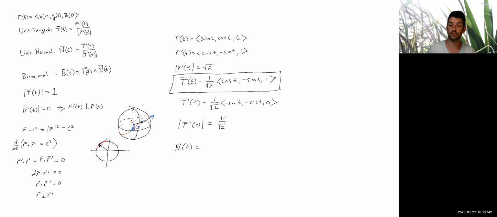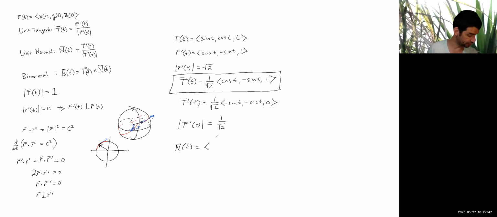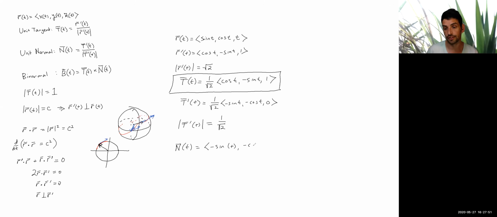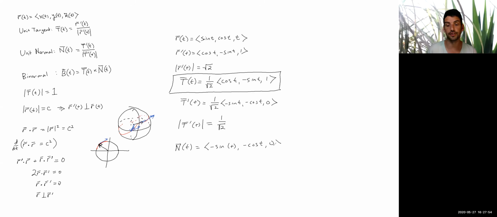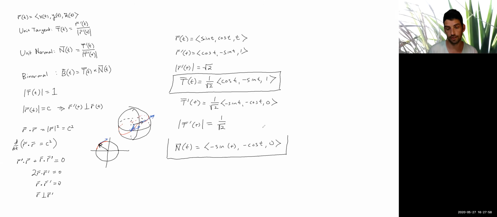All that's happening is we're dividing by the constant out front, so it disappears. And so our normal vector looks like negative sine t, negative cosine t, 0. So there's our normal vector. Okay.